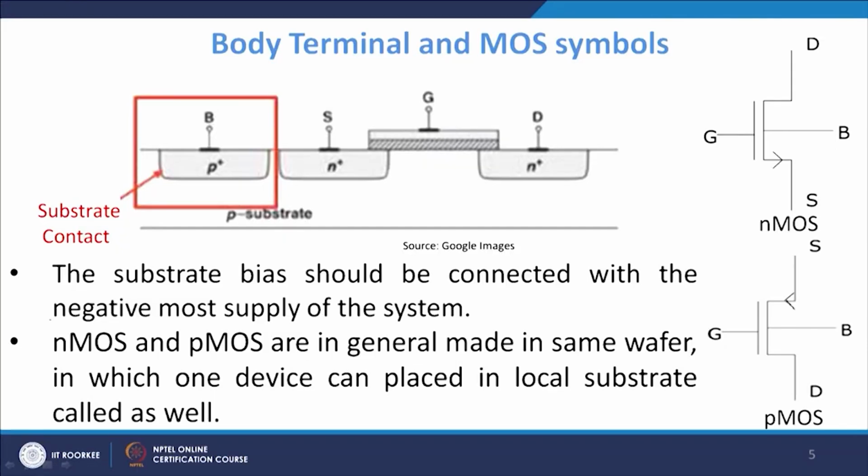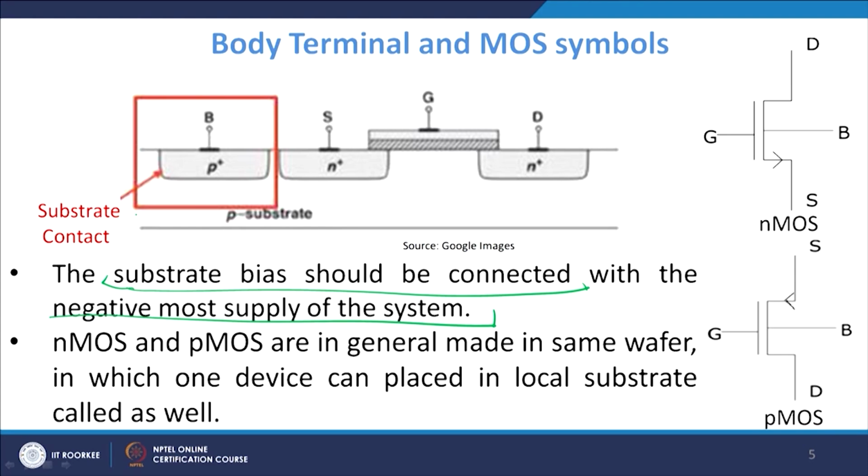Typically the rule of thumb is that the substrate should always be connected to the most negative terminal of the supply. So, the most negative terminal of the system should be connected to the substrate bias, and we will see later on why, but you can find it out yourself from many of the books. Once you keep it at the negative-most terminal of the battery, you do not manipulate the threshold voltage once it has already been fixed by the external biases, right.